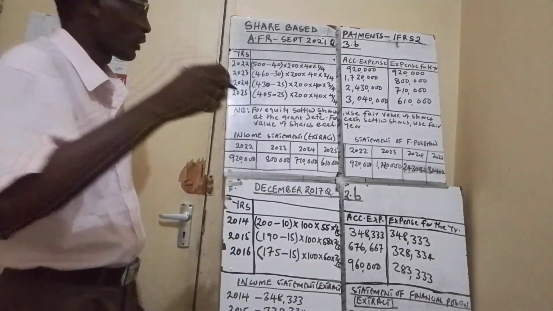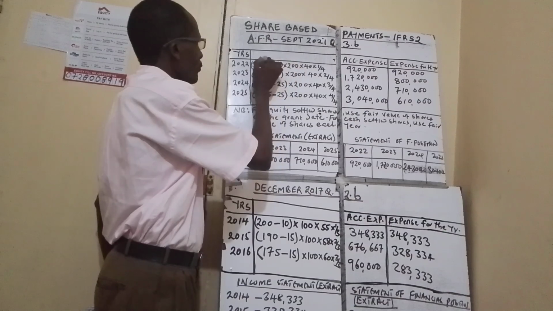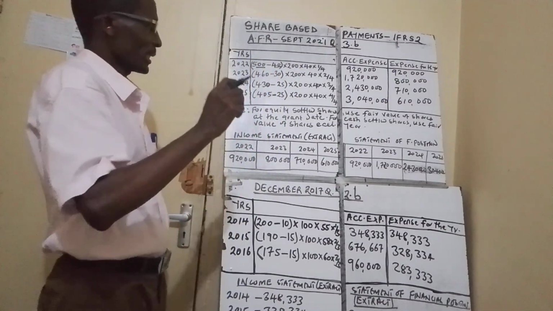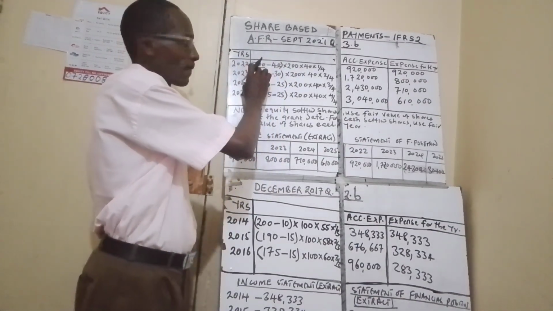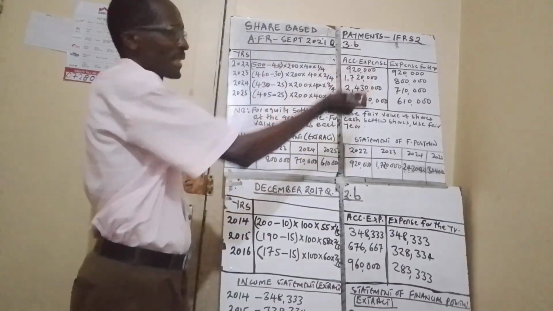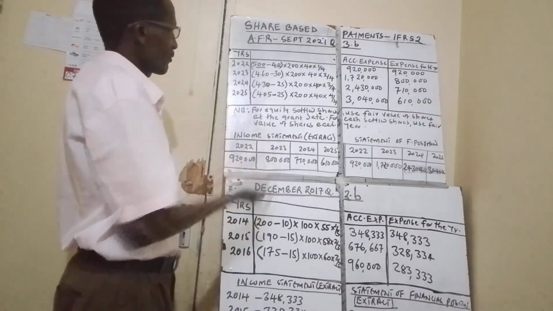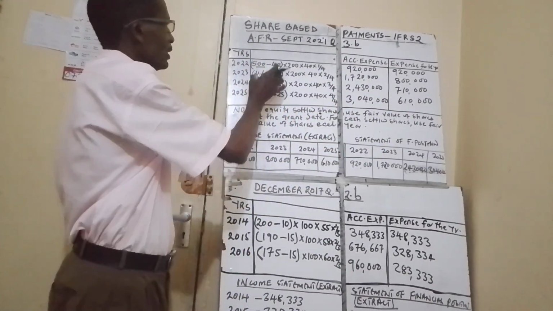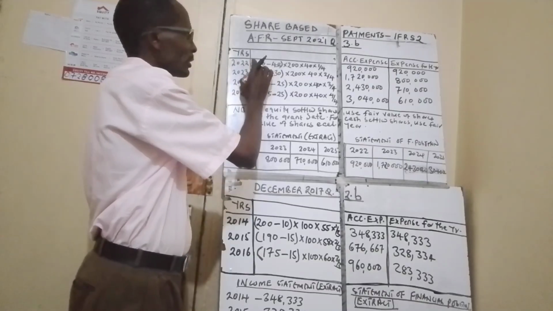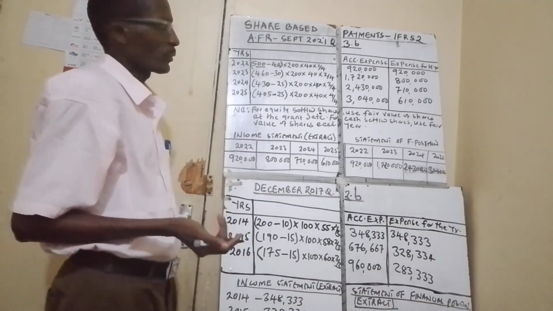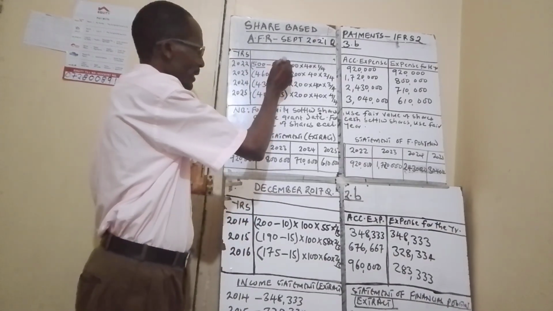We started the year with 500 employees; if 40 leave, you minus the 40 and you are left with 460.